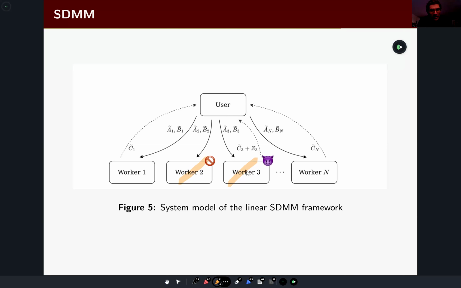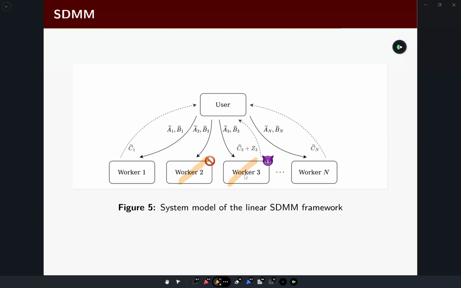And you are monitoring these requests and you classify a node as an attack. So the fact is, you want to build a secure distributed matrix multiplication that allows you to be protected from any of those situations, even if you don't monitor.